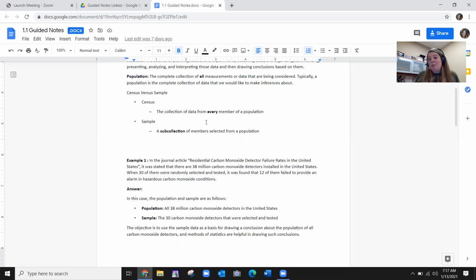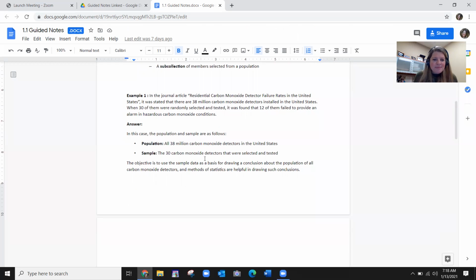So what do we do? We get a sample, which is a sub-collection of the members of the population. If I said all the adults in Sheridan, a sample might be every other person in Sheridan, or I could randomly sample every other neighborhood, and then in those neighborhoods randomly sample every other home. Here's an example.